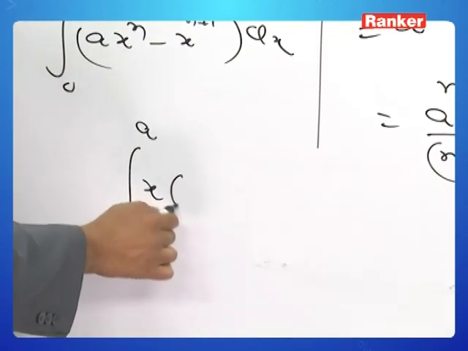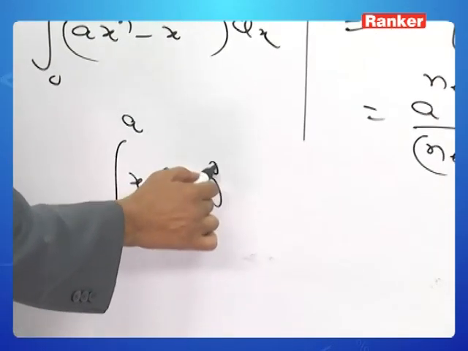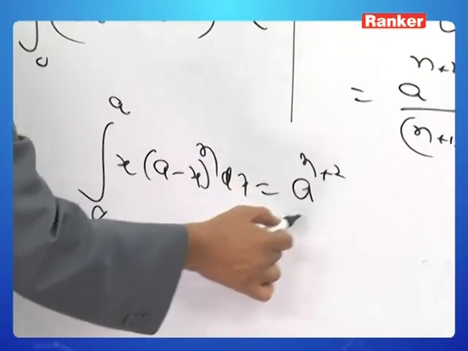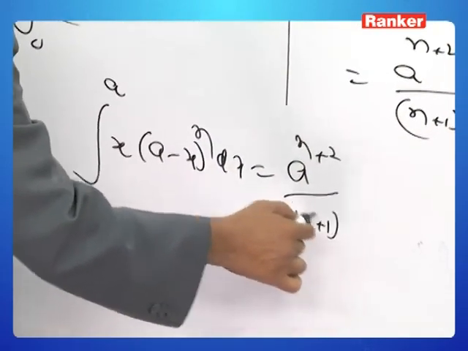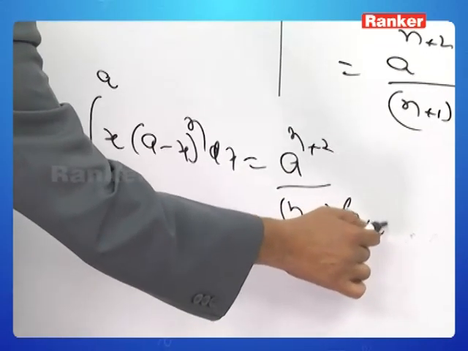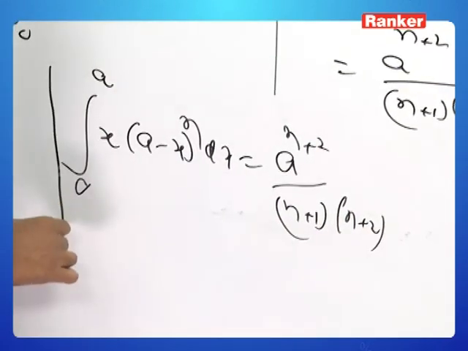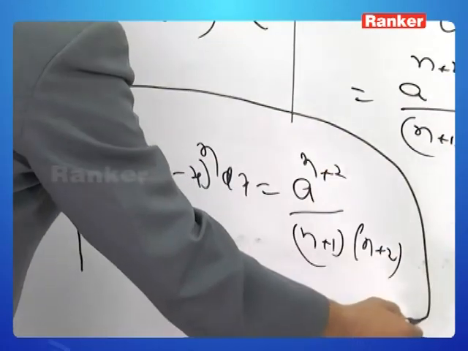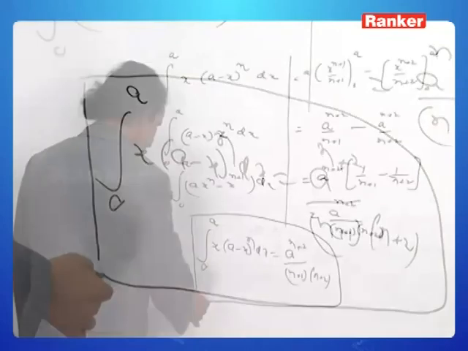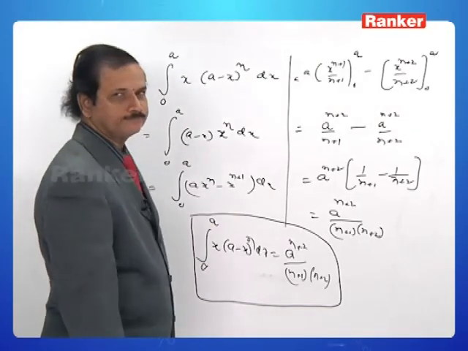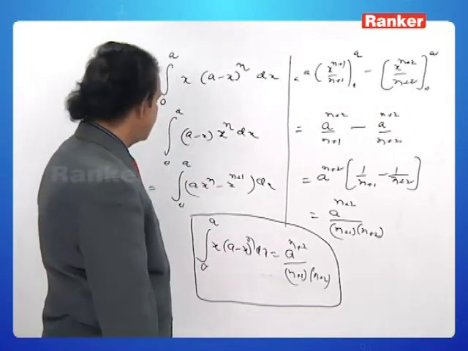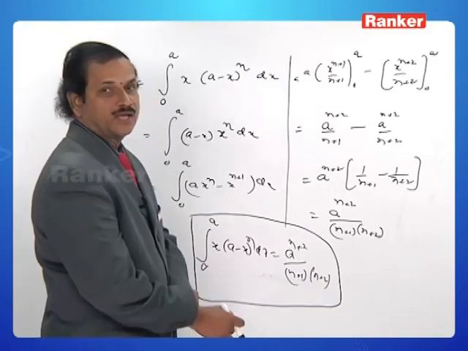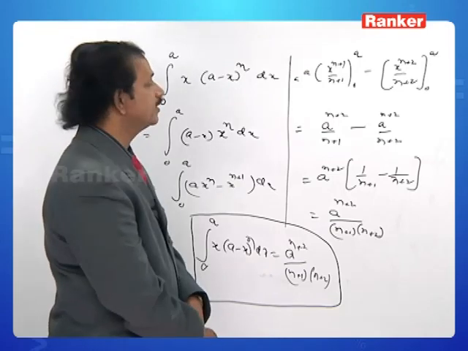Integral 0 to a x into a minus x whole to the power of n dx is therefore equal to a power n plus 2 by n plus 1 into n plus 2. So the answer is a power n plus 2 by n plus 1 into n plus 2.